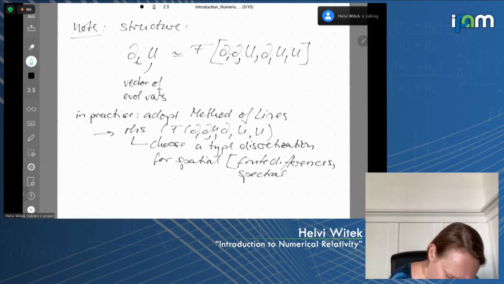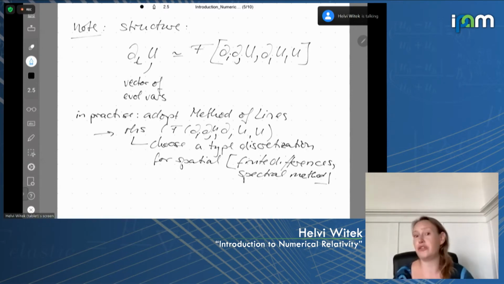And even within the finite difference schemes, you can then choose the order of the finite difference stencil that you want to use. So in the Einstein Toolkit, we can vary between fourth order, which is typically just for testing, to sixth or eighth order if you want more accurate computations.